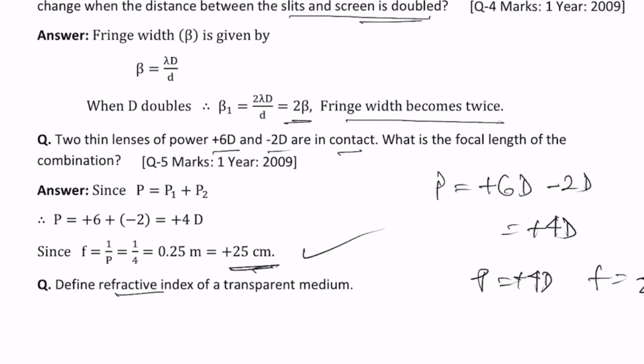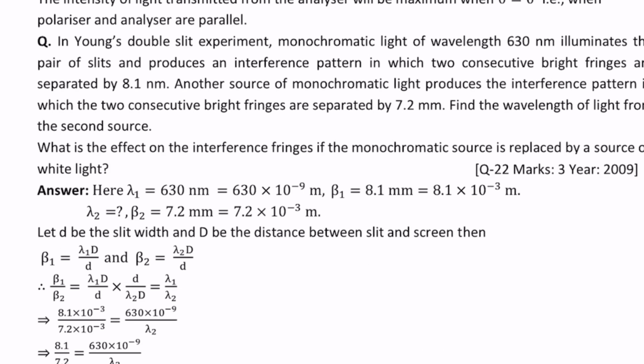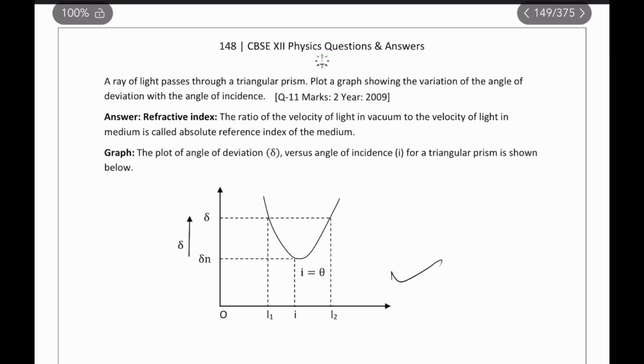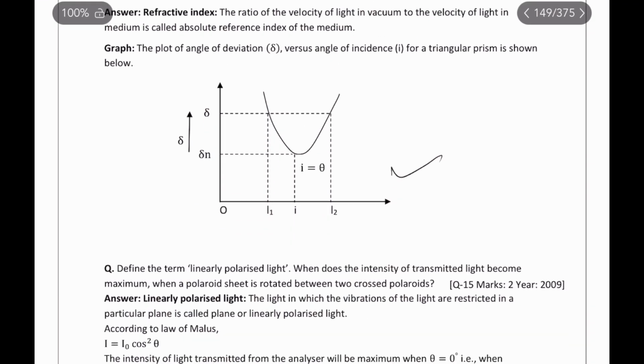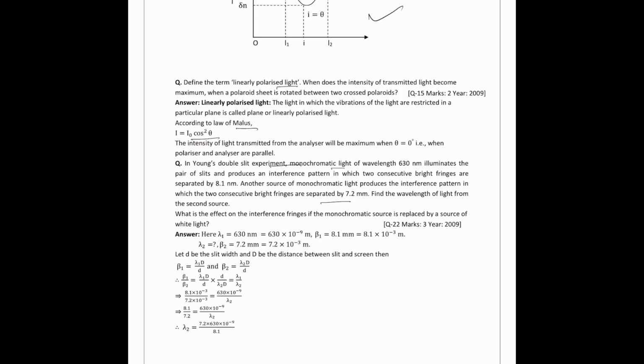So define refractive index of a transparent medium is a question. The same repeat question. Linearly polarized light. Okay. This is the formula for Malus law. Again, a Young's double slit experiment, simple numerical, very easy. You should know what is the fringe width formula.